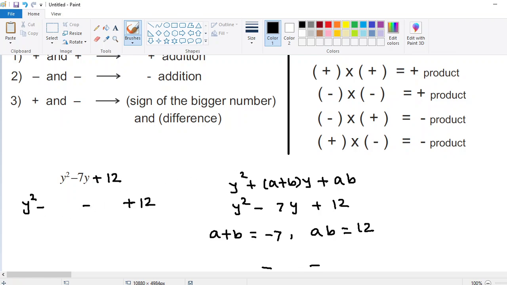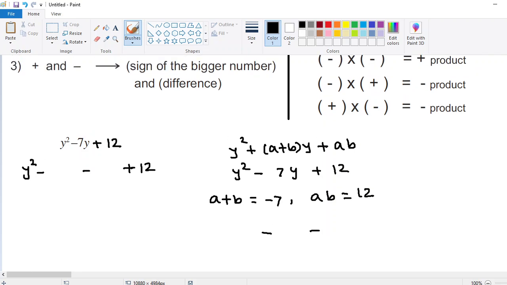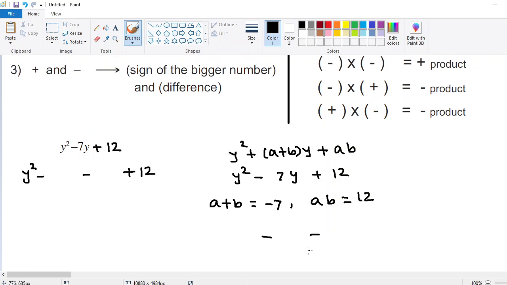Now in addition, if two numbers have the same sign, then we add those numbers and the answer will have the minus sign. So find out two numbers which are negative, their addition is 7 and product is 12. 1 into 12, 2 into 6, 3 into 4.